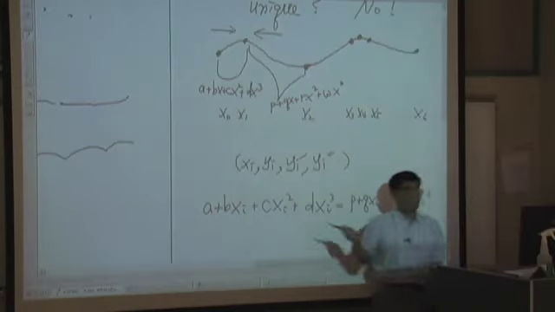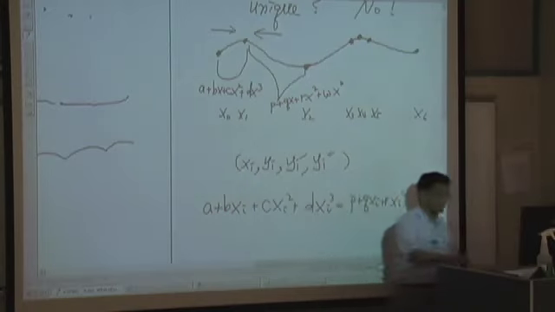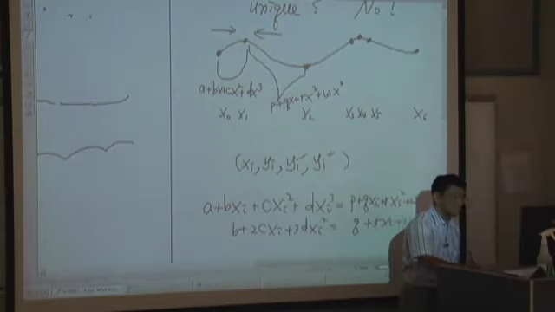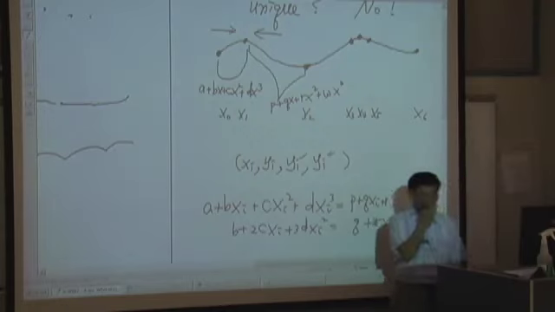Do you follow me? And then the derivative: b plus 2c xi plus 3d xi squared should match q plus 2r xi plus 3w xi squared.